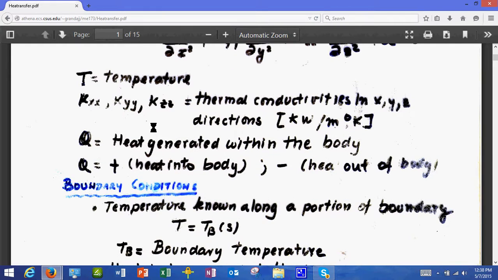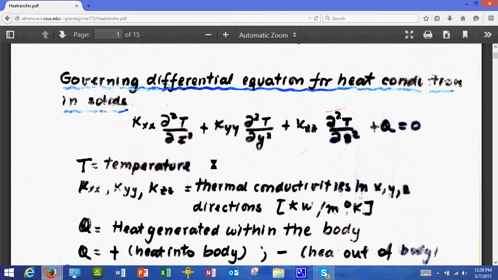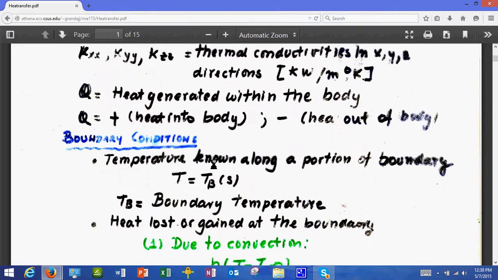Why are we writing it with X, Y, and Z? Because we could potentially have a composite material that has different properties in different directions. Q is the heat generated by the body.